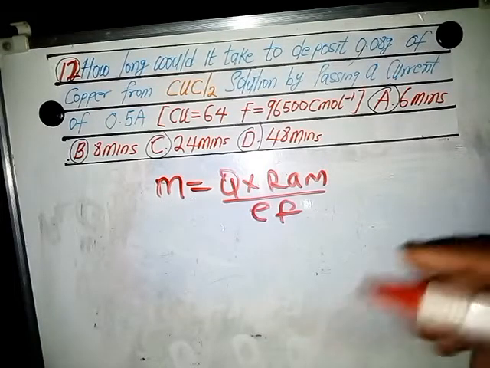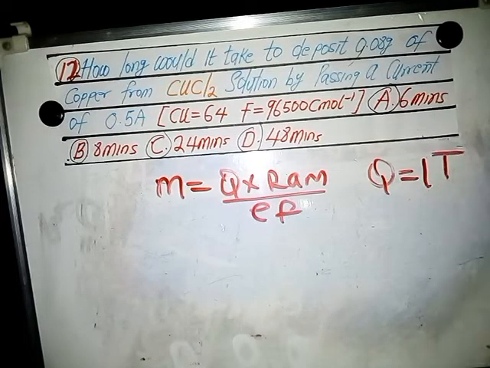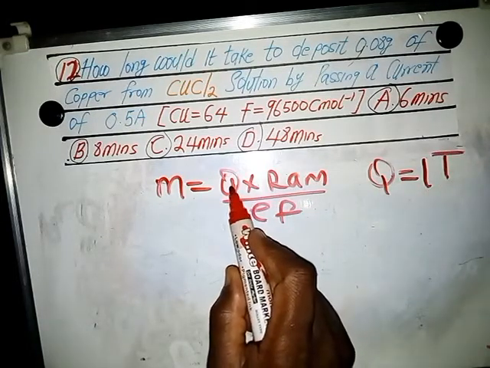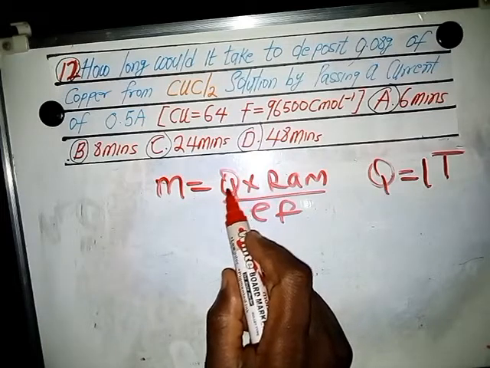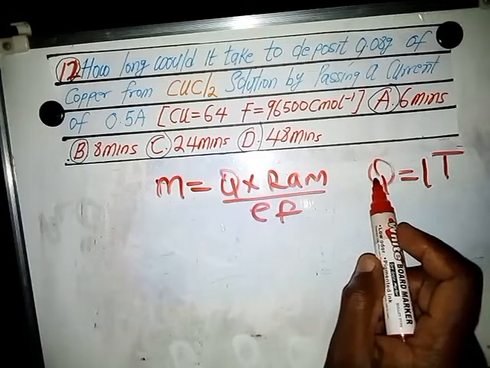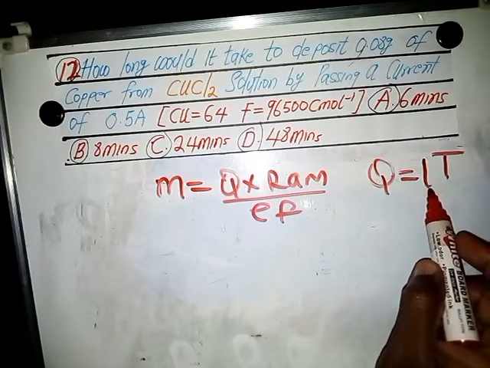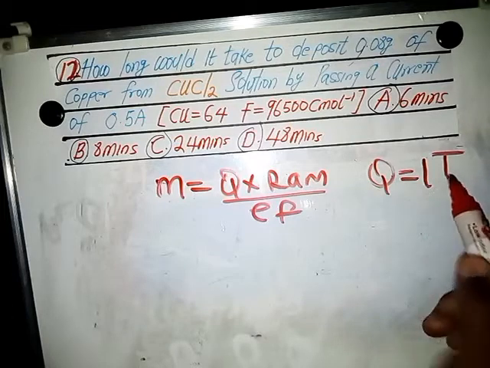Then we're also going to use Q equals IT. That means we make Q the subject of the formula, we'll find Q, then we'll put it here so that we can find time by making time the subject of the formula.